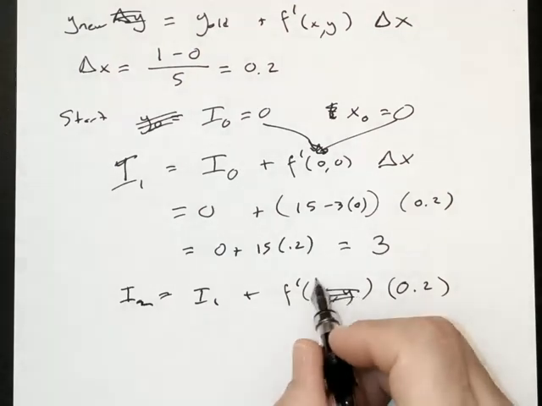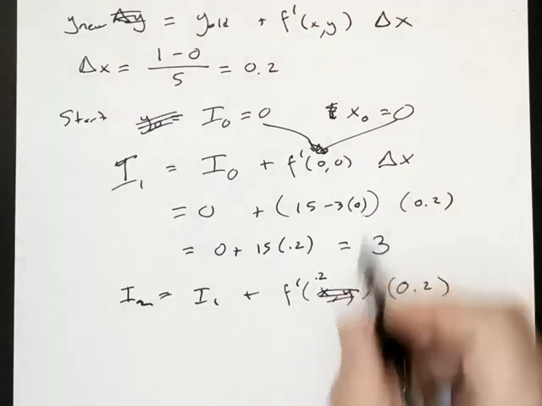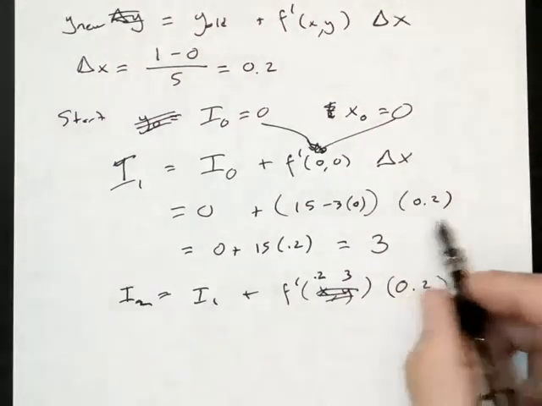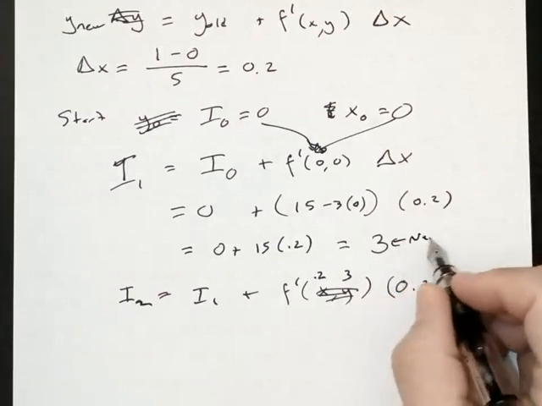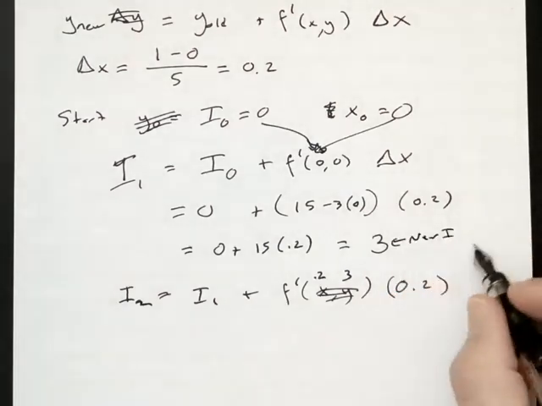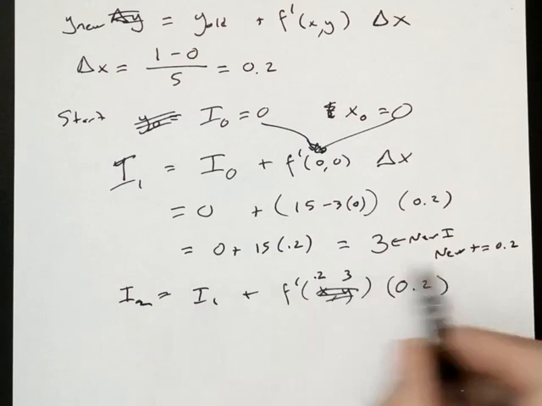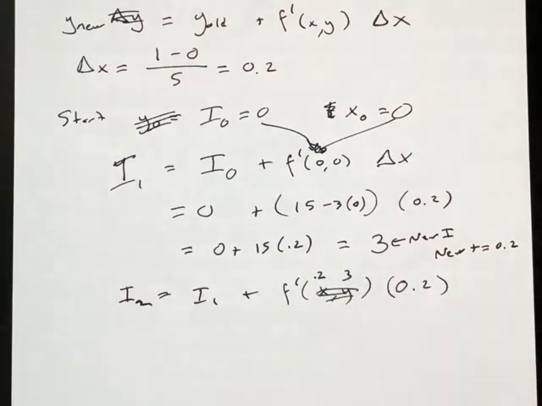This time, t is 0.2, I is 3. Huh? Why did those change? Oh, we moved over a step. This is my new I, and we took 1 step, so I have a new t, and that's where those numbers come from right here.